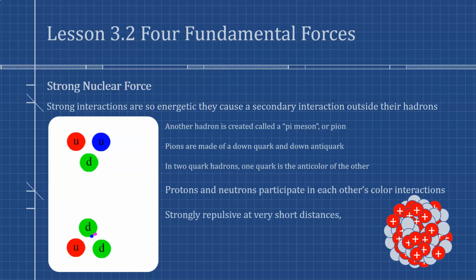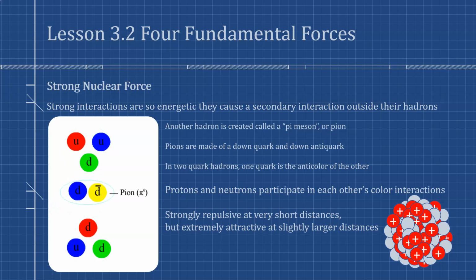This force is very repulsive at short distances because it takes some distance for this interaction to happen. So at very, very extremely short distances, the protons and the neutrons are going to repel each other just a bit, and that's what gives the nucleus the size that it has. But this force is also extremely attractive at larger distances because we have these interactions happening, forcing the protons and the neutrons toward each other.